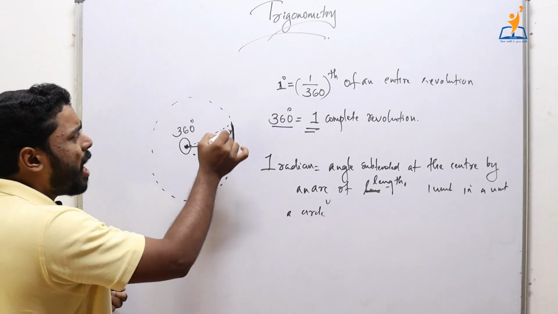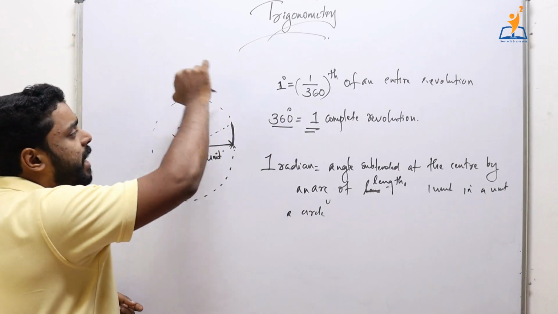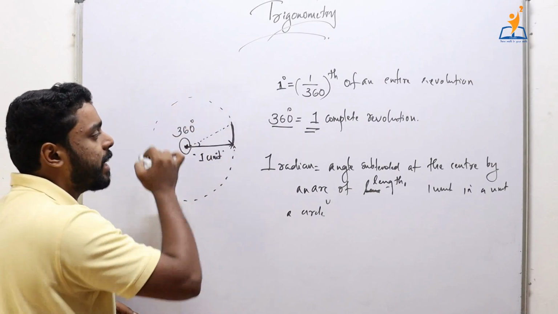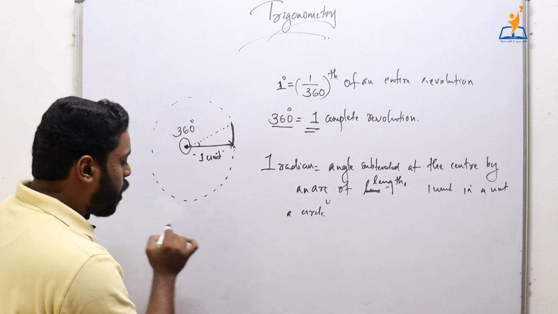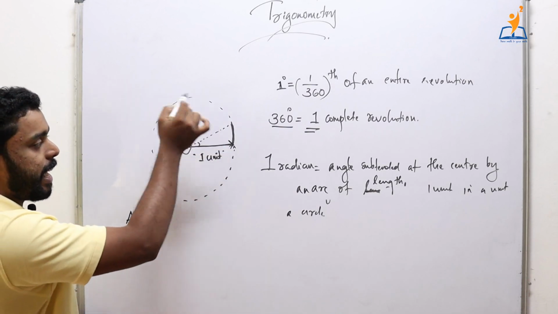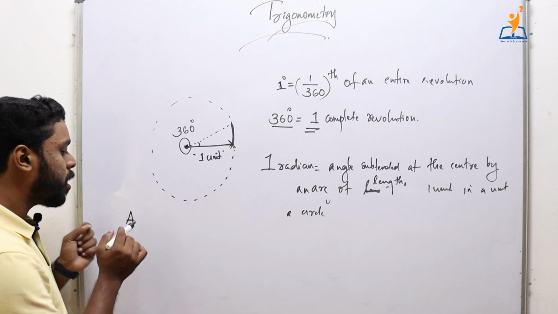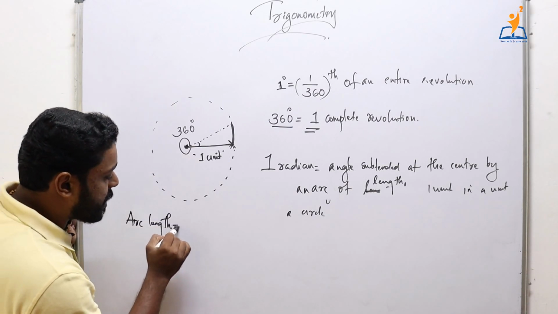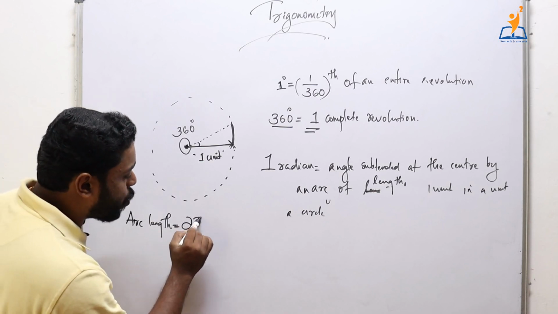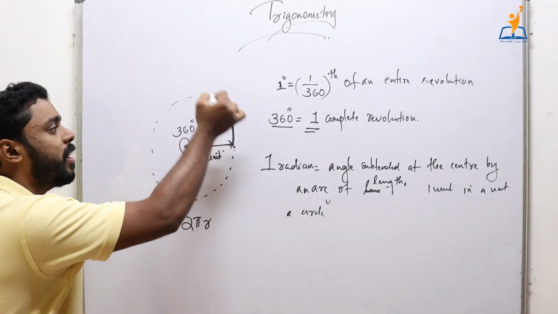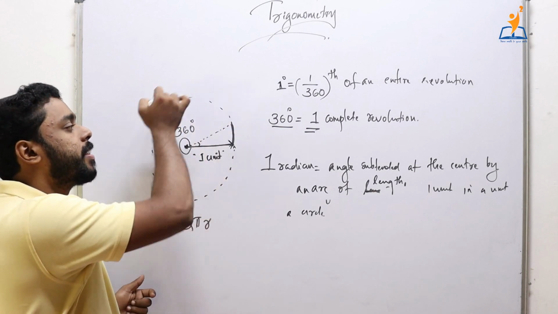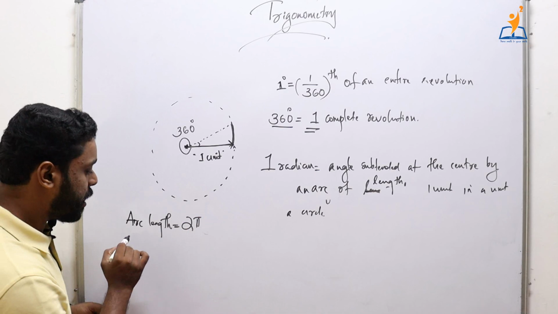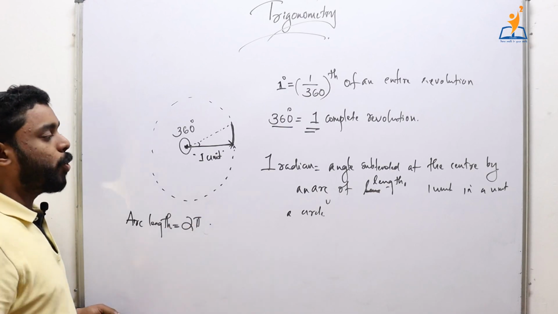Now observe what happens if we consider the entire circle as an arc. Then the arc length is nothing but 2 pi r, right? The circumference of the circle will be the arc length if we consider the entire circle as an arc. Here r is equal to 1 unit, therefore the arc length is equal to 2 pi units.